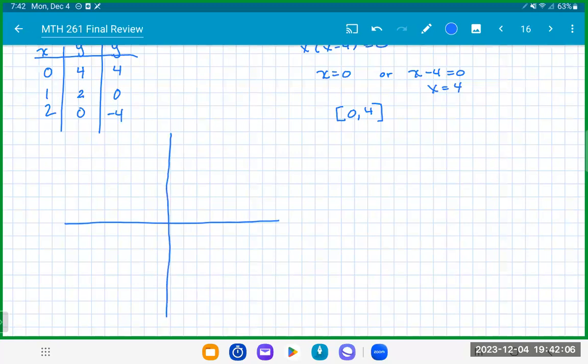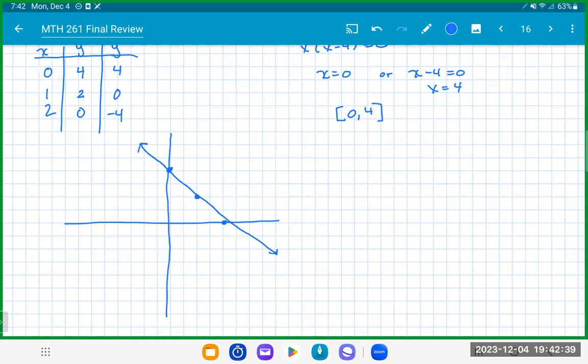For the first equation, we have 0, 4, then 1, 2, 3, and we have 2, 0. So that's our first equation, something about like this.